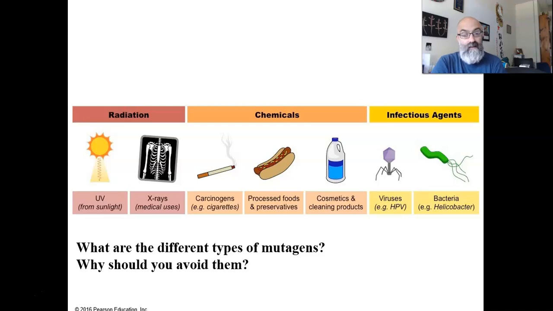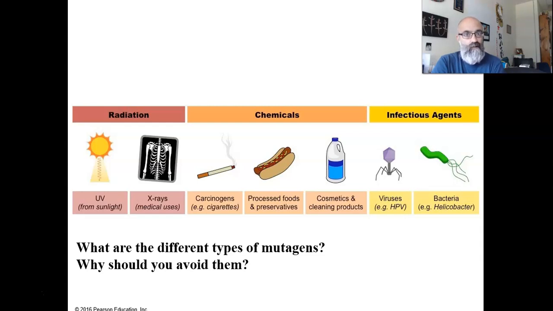And then another one I think a lot of people are sort of surprised by, viruses cause a lot of cancer. Cervical cancer in women, penile cancer in men is basically almost entirely caused by a specific virus called human papillomavirus, which you can be vaccinated against.